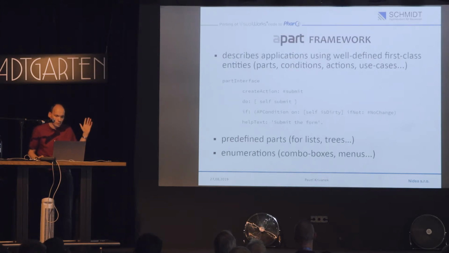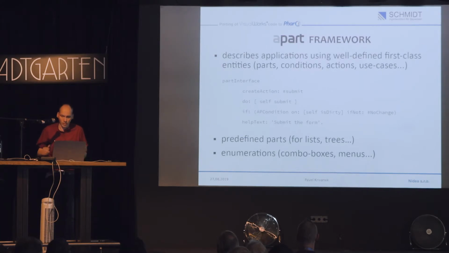For that, it uses well-defined first-class entities like actions, conditions. You can, for example, describe if something is disabled, why it's not disabled. So you can let the user know why it behaves like this. It has support for enumeration.